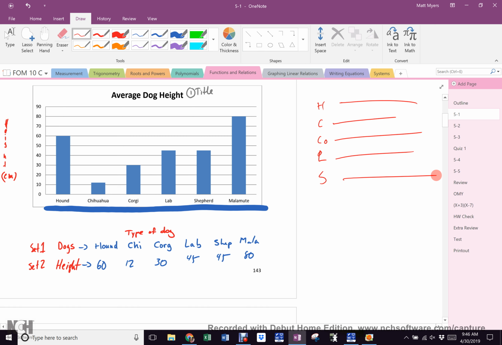That graph would still work, wouldn't it? And this would still be the independent variable, right? Because a hound is a hound is a hound. Doesn't matter if we're measuring its height, its weight, its eye color, its fur color. It's a hound. So you just have to be aware of that. It's not always on the x-axis, but it usually is. But what it always is, is the independent variable. Is everyone cool with that?